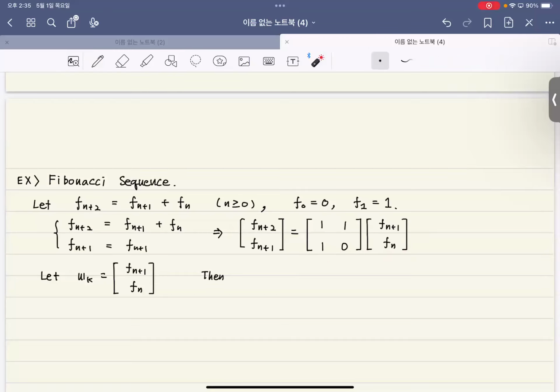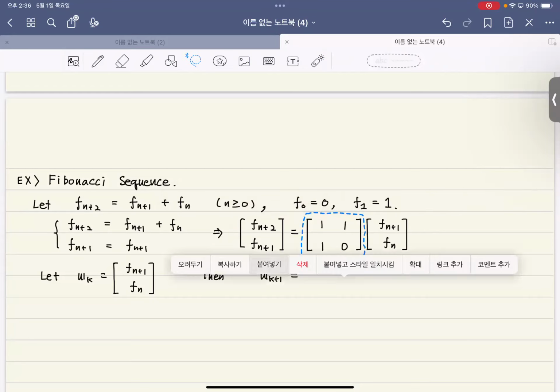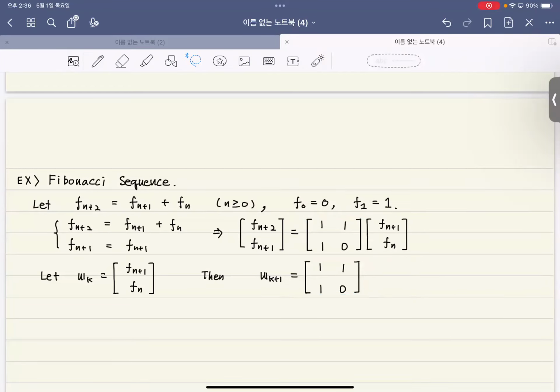Then this equation becomes UK plus 1 equals the matrix times UK.